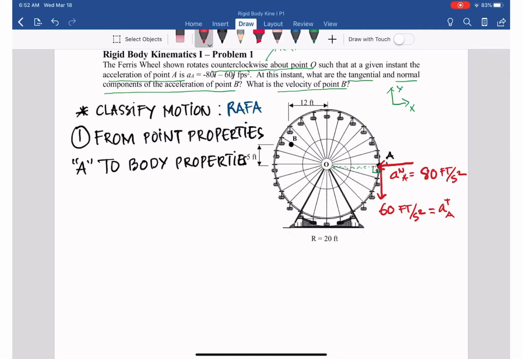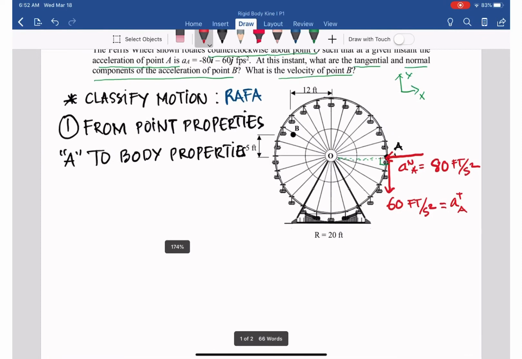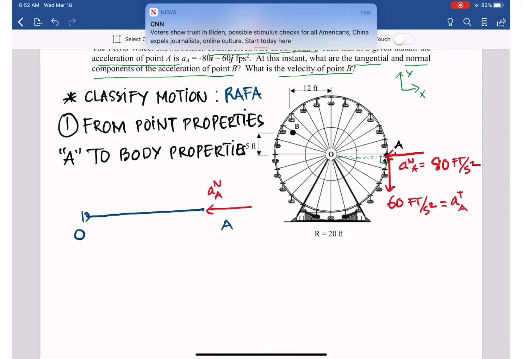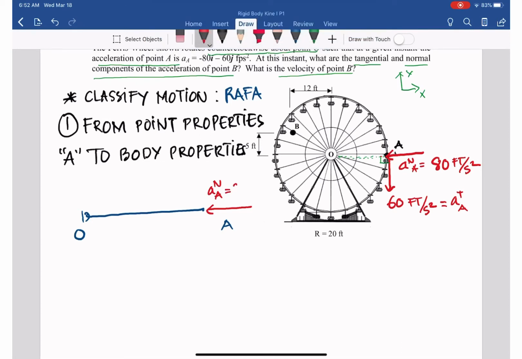So with that, we can draw the rigid stick for OA. So we have O and we have A. In this, we have AN, 80 feet per second square.